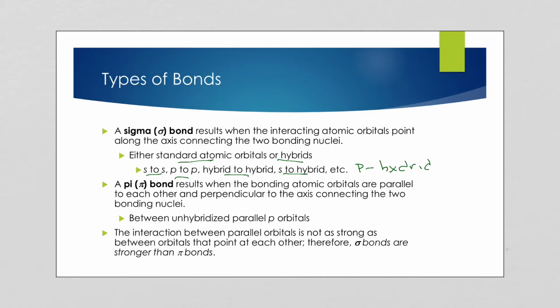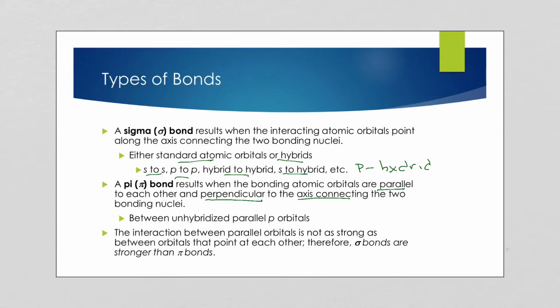A pi bond, again, is that parallel or side-to-side overlap, and it's always going to be perpendicular to the bonding axis. So if we imagine the bonding axis running between the two atoms, the pi overlap is either going to be above and below, or front and back, depending on which plane it occurs in, but it's going to be perpendicular to the bonding axis.